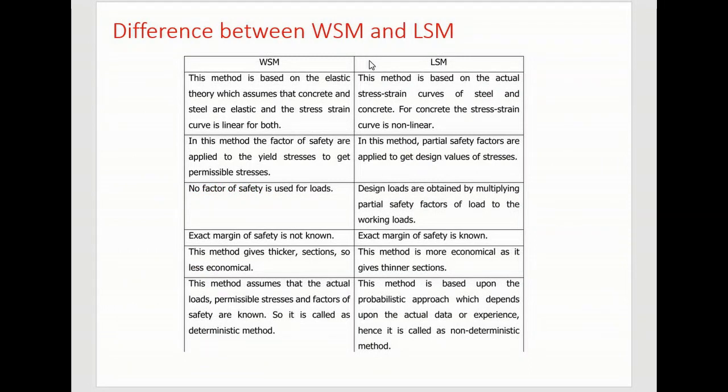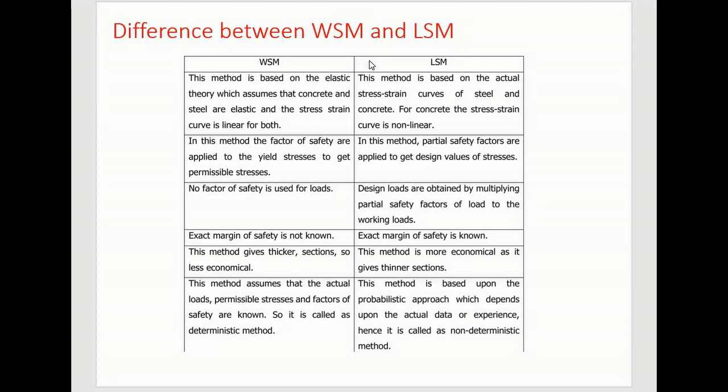After that, we have the differences between the working stress method and the limit state method. The differences are like this. The working stress method is based on elastic theory, which assumes that concrete and steel are elastic and the stress strain curve is linear.